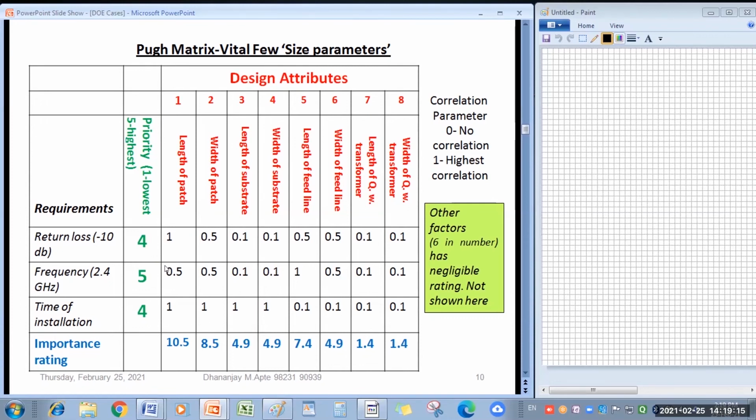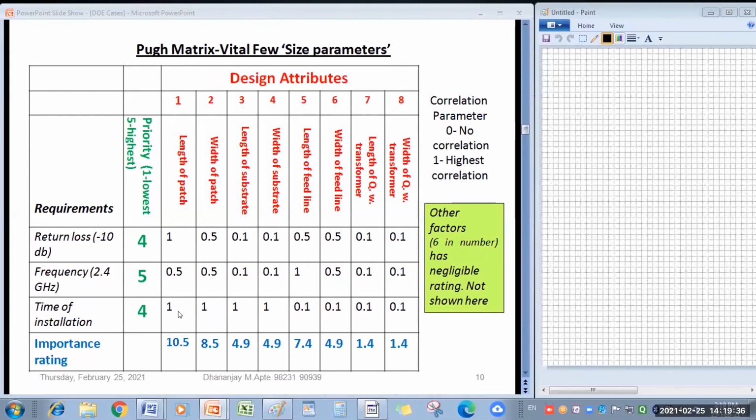Look over here, the relationship is 0.5. So 0.5 is a 50% relation. Look here, it's written 0.1. So 0.1 is almost no relation. So these relation values are to be described.